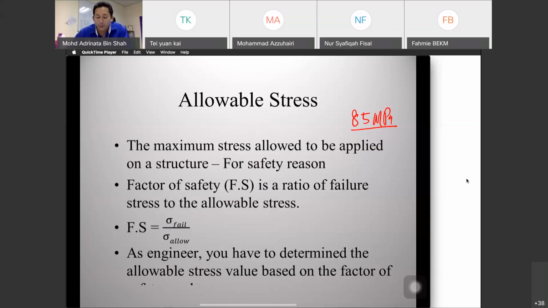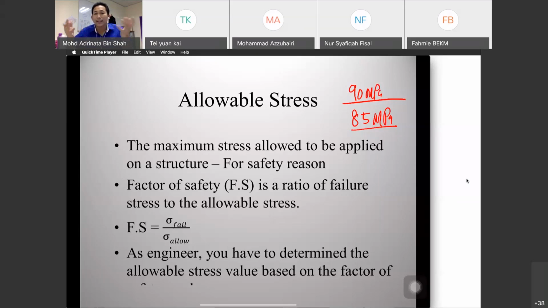So for example, the maximum stress allowed to be applied on a structure. If we give a load, can our model, our design sustain it, or can it fail?